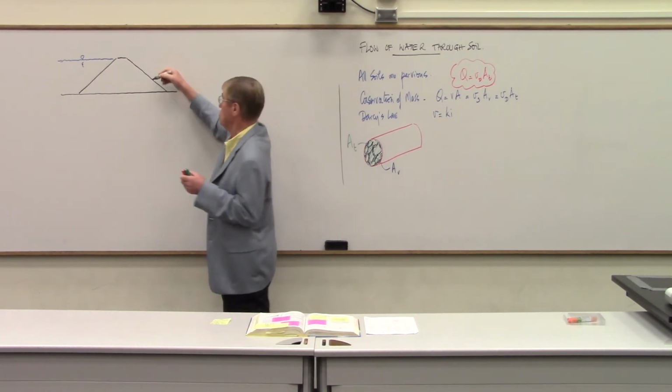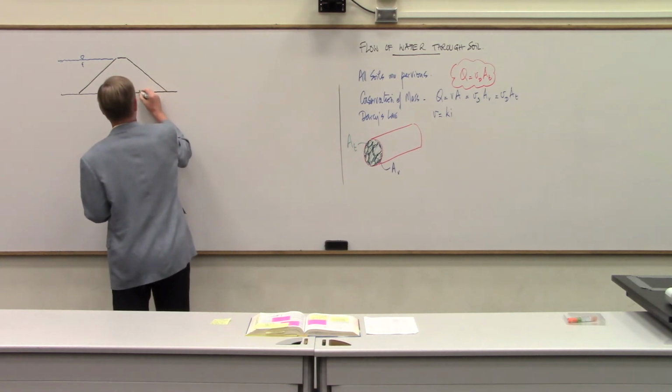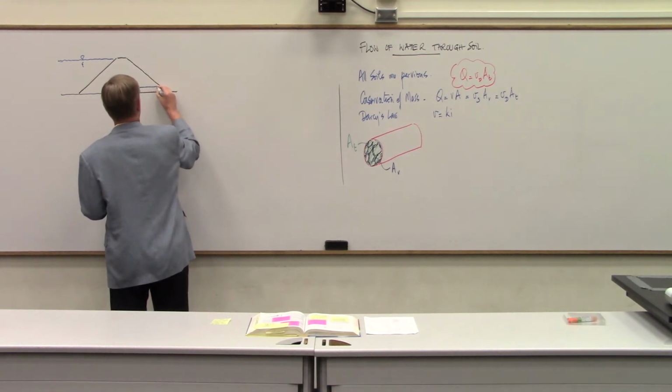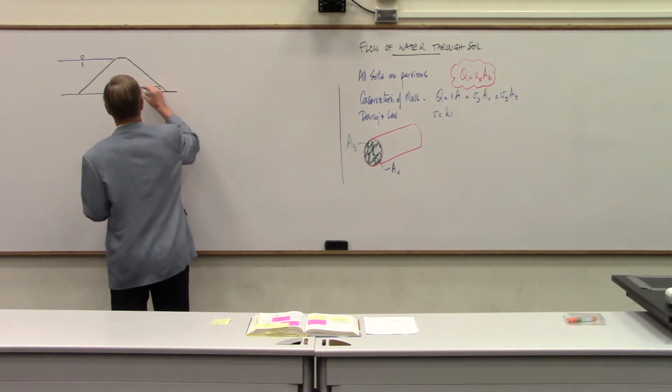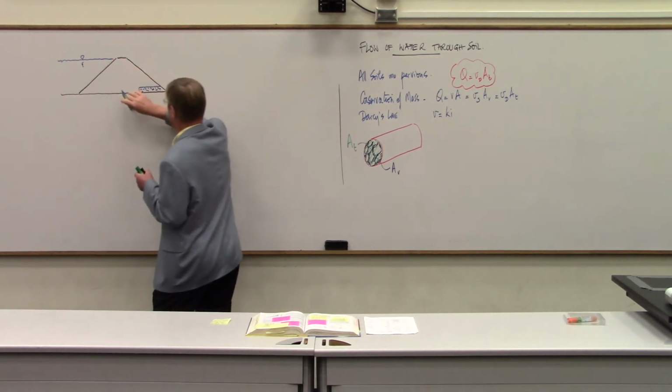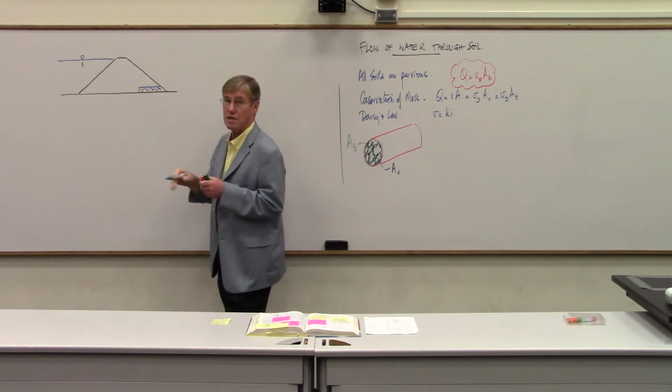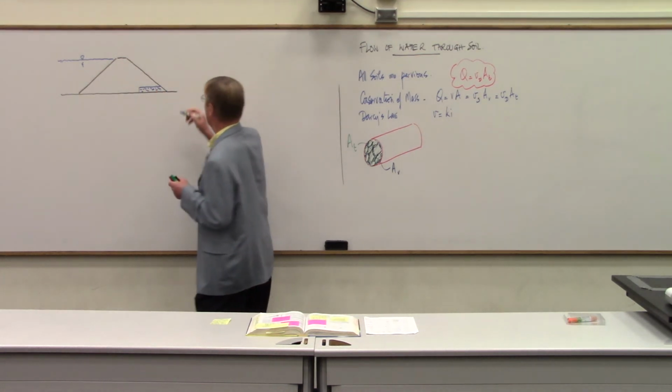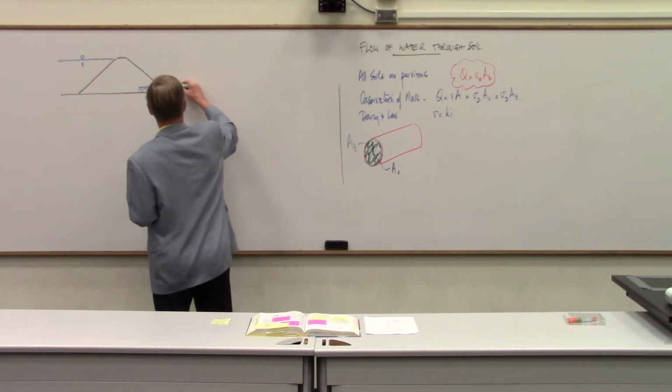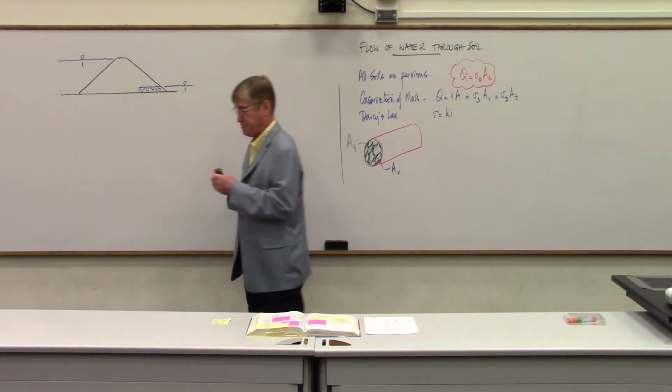All right? So typically when you build a dam, we'll build a filter blanket here, so we can force the water to go through the dam and be captured in that drainage blanket and then come down, and the river keeps going here downstream.